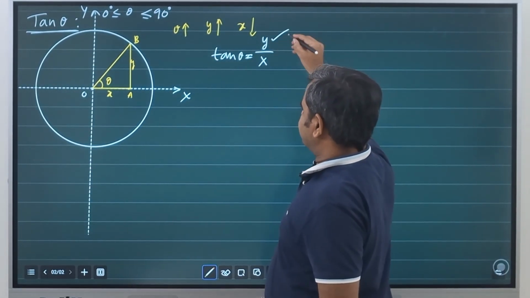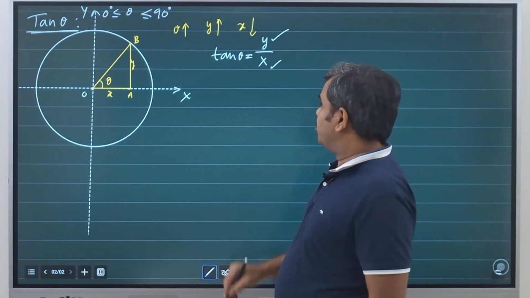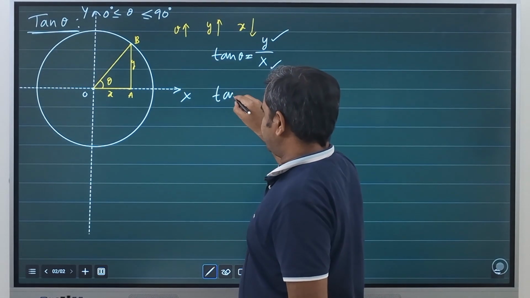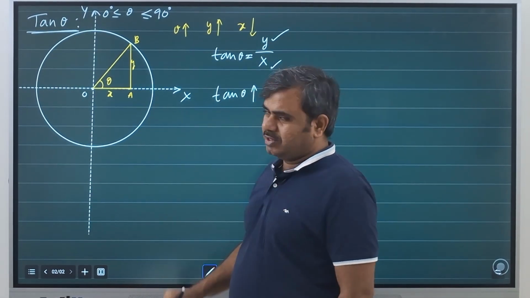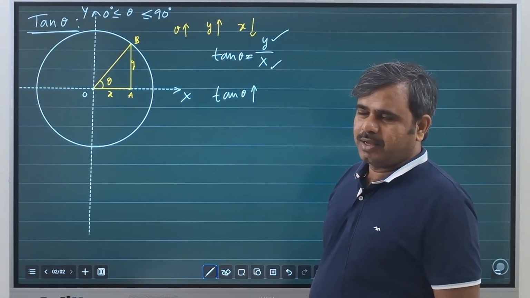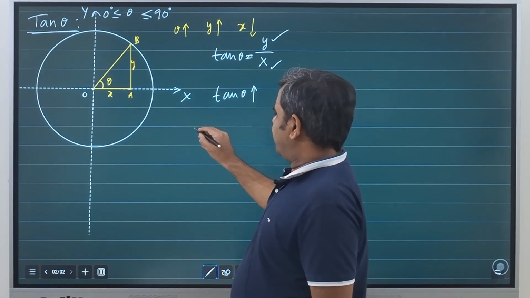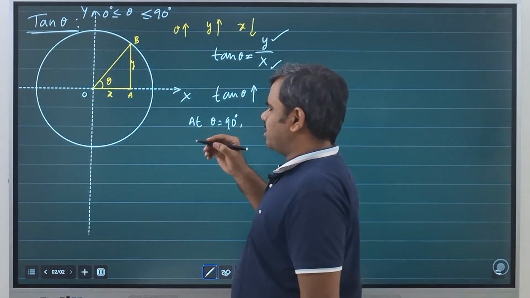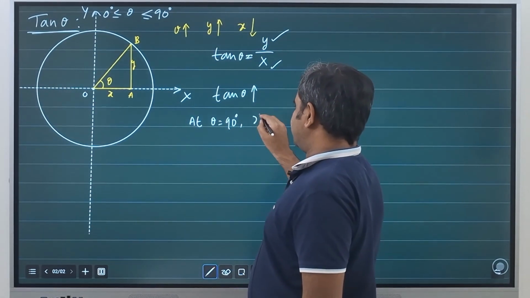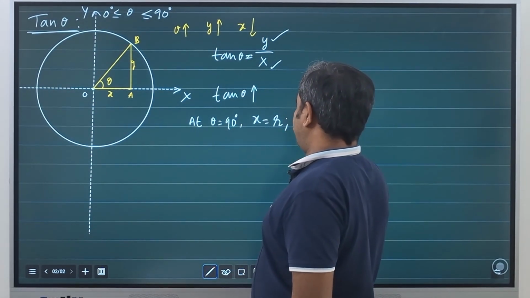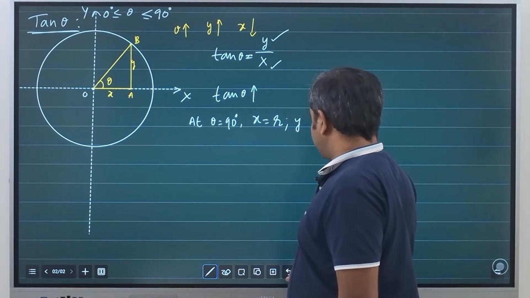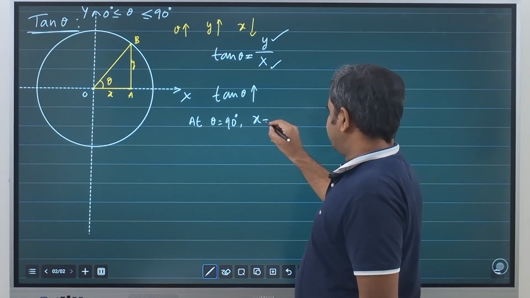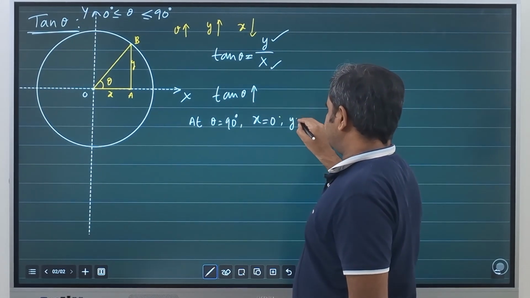So y increases, x decreases. The numerator increases, the denominator decreases. So what happens to the value of tan theta? Tan theta also increases. When theta becomes equal to 90 degrees, y becomes equal to r and x becomes equal to 0.